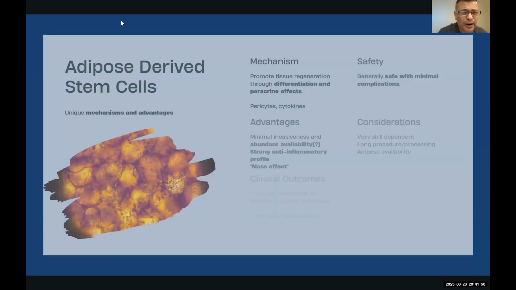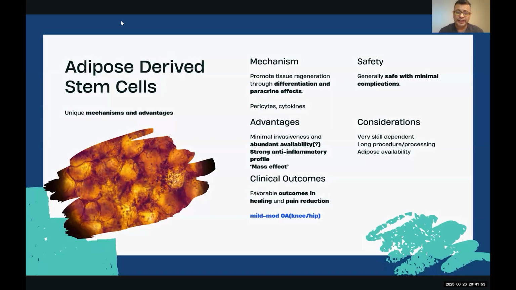Now, if we compare that to the adipose-derived cells, the mechanism does involve a lot of differentiation and paracrine effect of cells, but the advantages are that a typical patient may have an abundance of adipose tissue, and it also has strong anti-inflammatory effects. One thing that I have noticed over the years is that there's a reason why we're trying to break that fat a little bit.